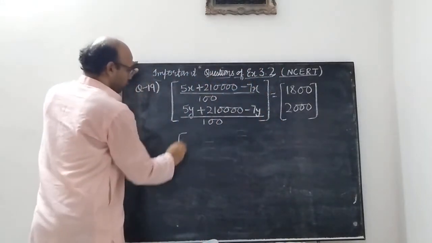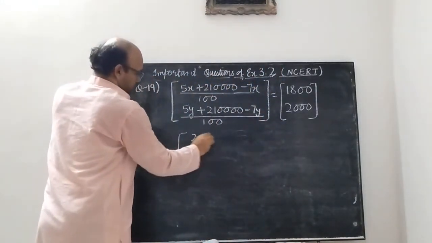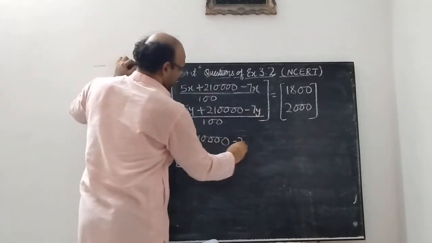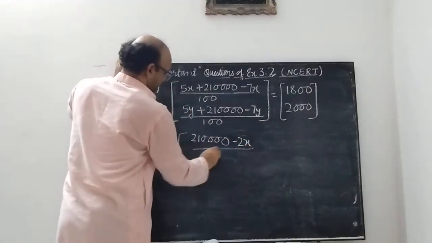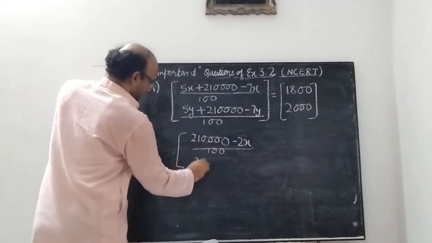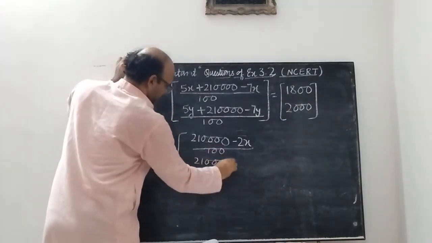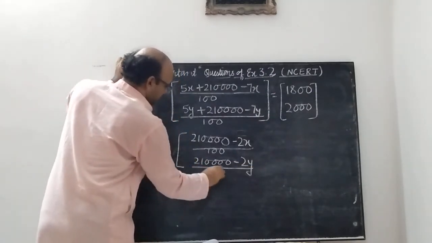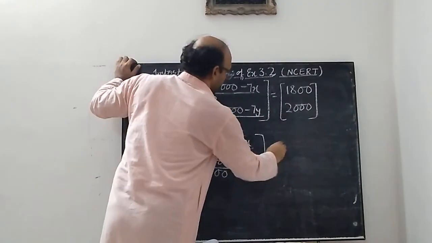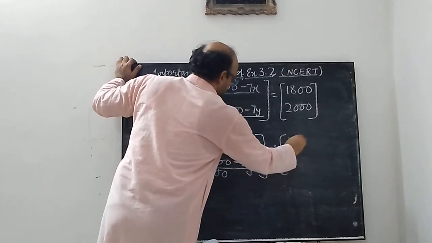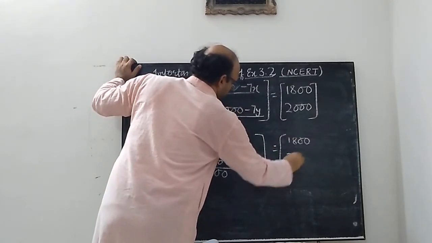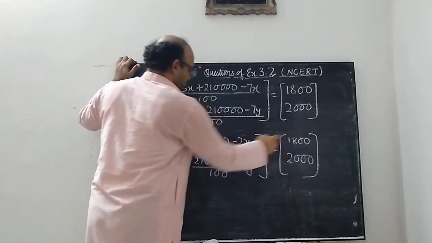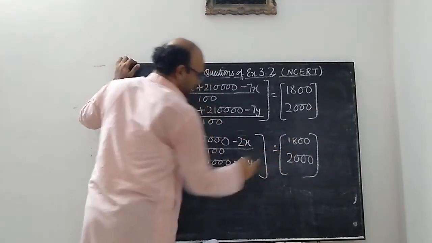On simplifying, what we get is 2,10,000 minus 2x divided by 100. Again 2,10,000 minus 2y divided by 100, and the equality is 1800. Okay. Now we equate this to this one and this to this.